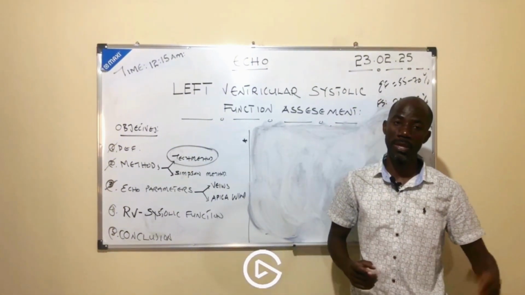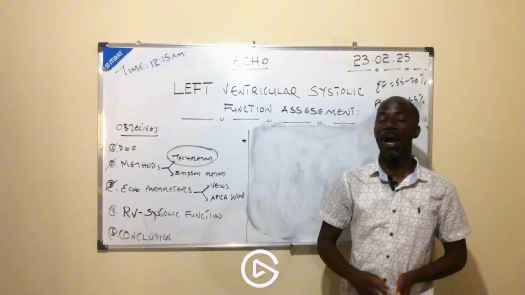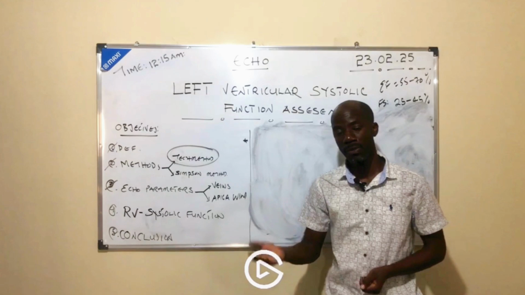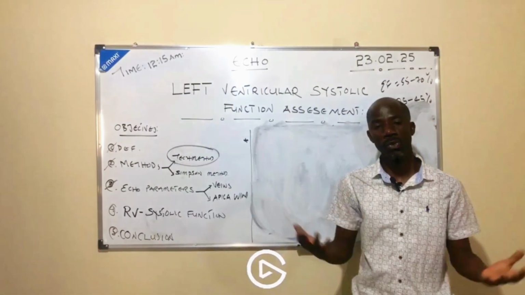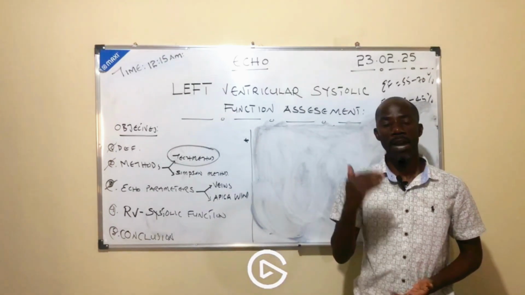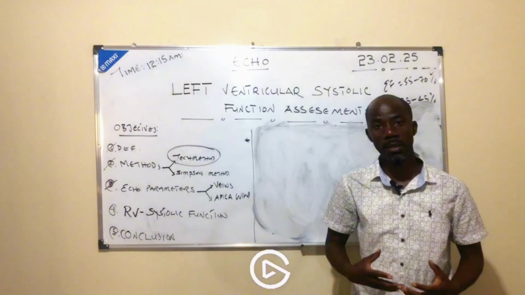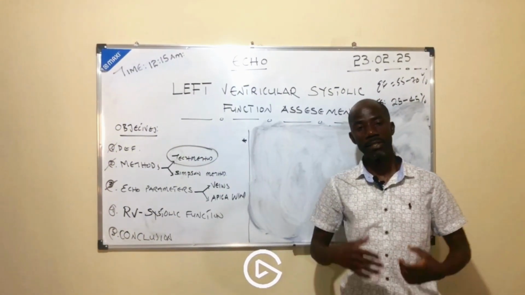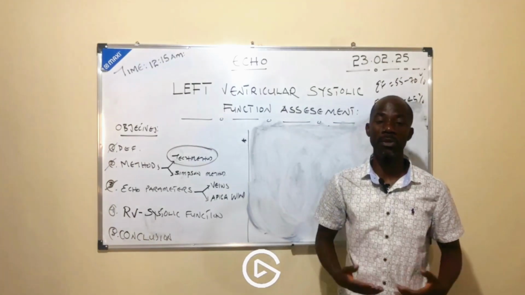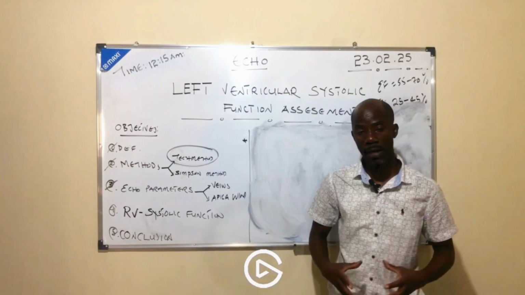The difference between the end diastolic volume and the end systolic volume of the left ventricle also helps you to calculate the function of the heart, and it's going to give you the ejection fraction, which we define as the amount of blood ejected out of the left ventricle. That's what we refer to as the ejection fraction.